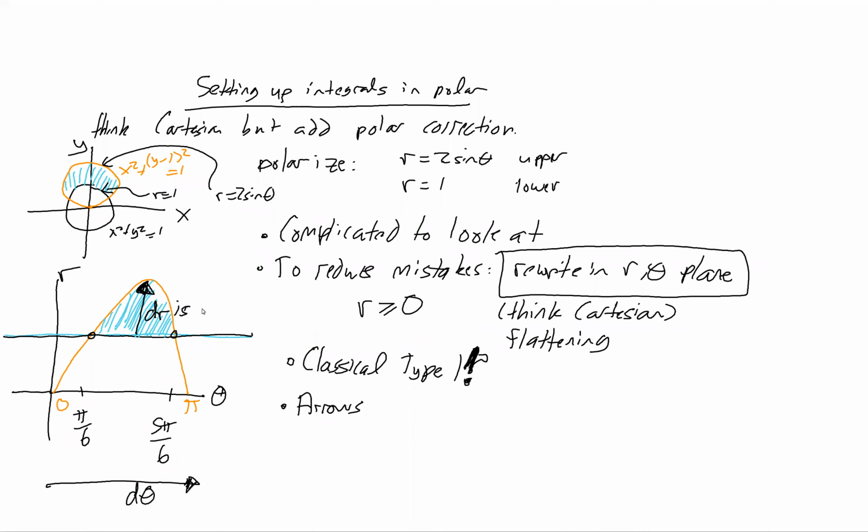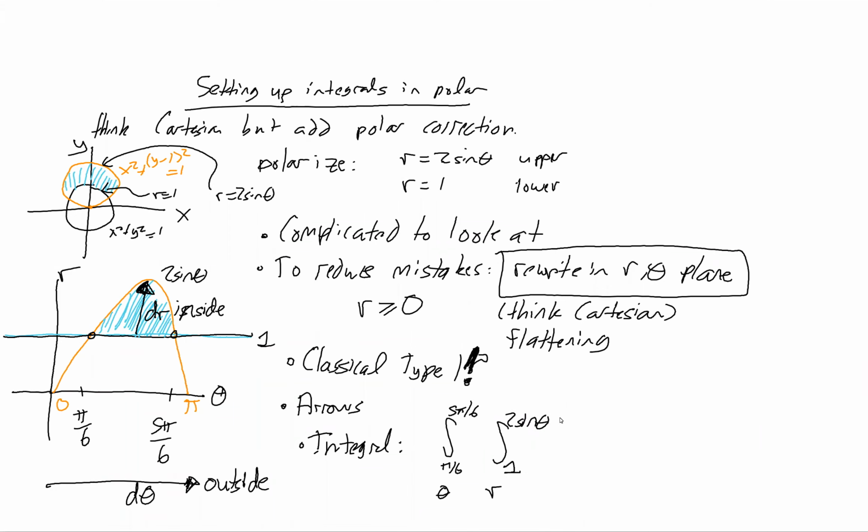Remember, this is on the inside of the graph, and this is outside, and this inside-outside stays with the integral. So the theta will be on the outside, the r will be on the inside. So here's pi over 6 to 5 pi over 6. And here's 1 to 2 sine theta.